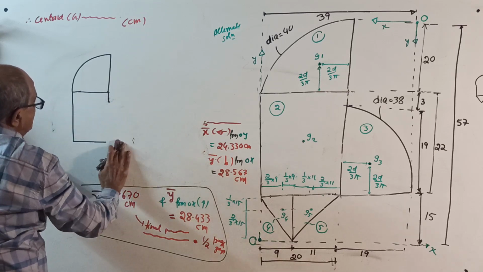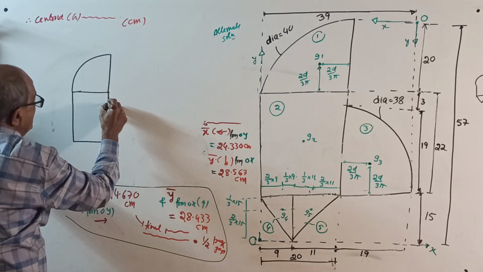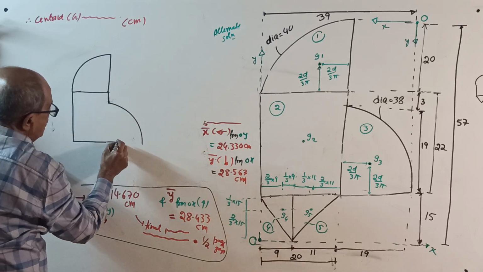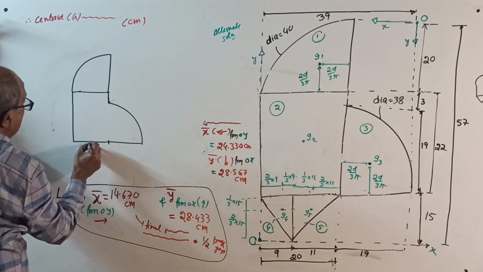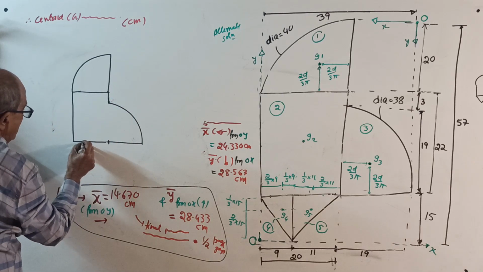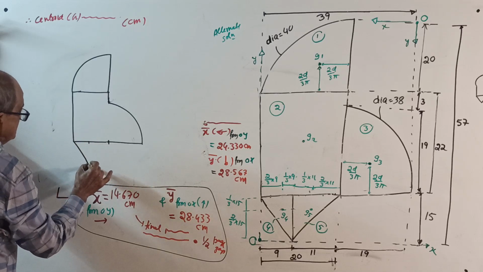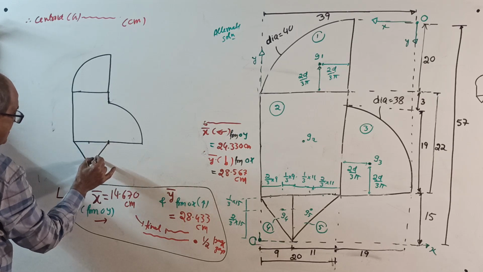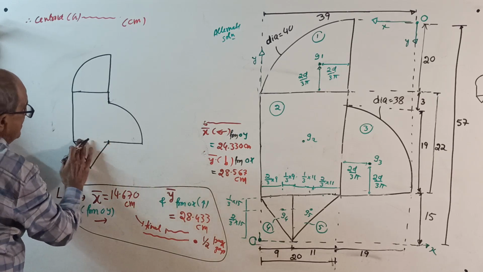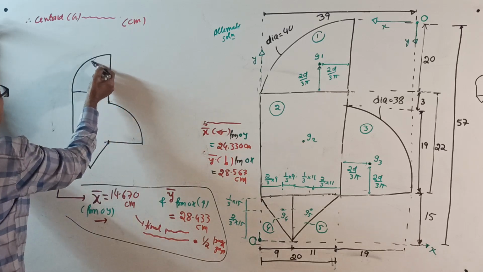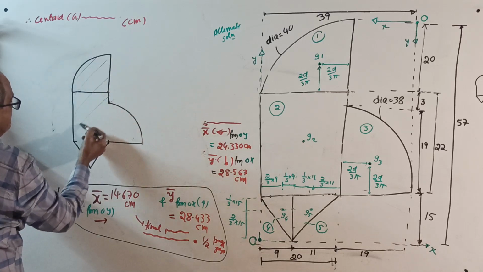Not correct. Okay, now okay. And then here 9 and 11. 15 down. This is the given lamina. See, this is the given lamina.